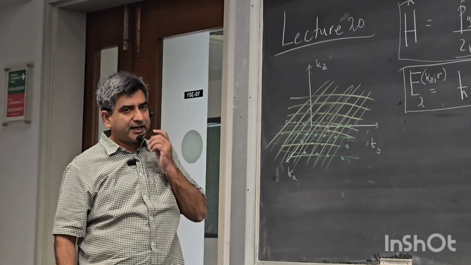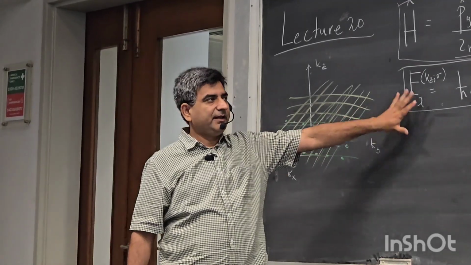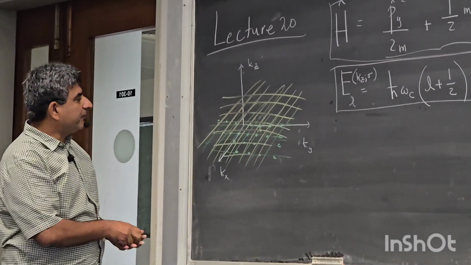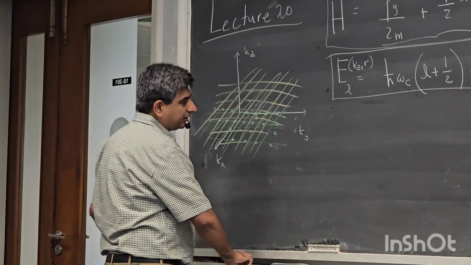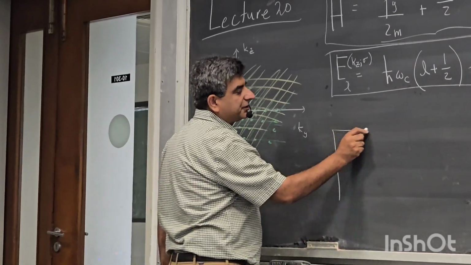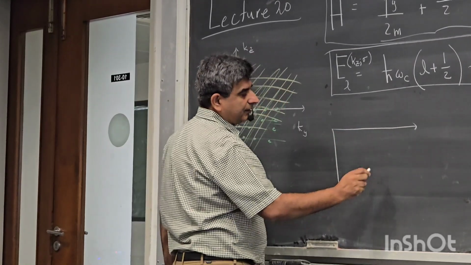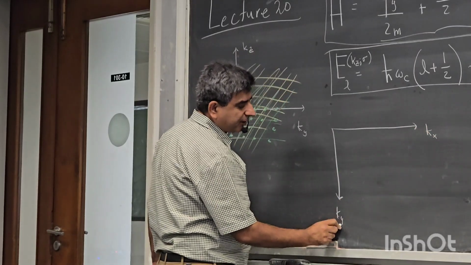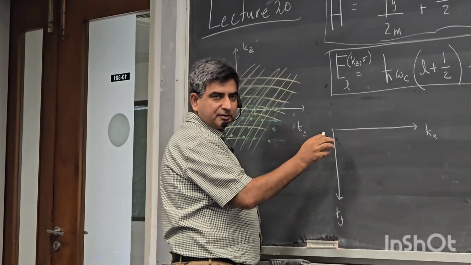Now the K structure has really been modified in the presence of a magnetic field. Now if I were to draw the K structure, first of all, suppose this is Kx and this is Ky, and I am looking down the Kz direction.